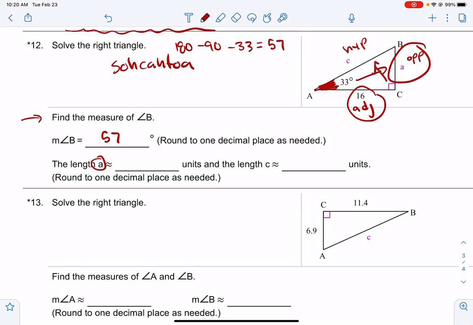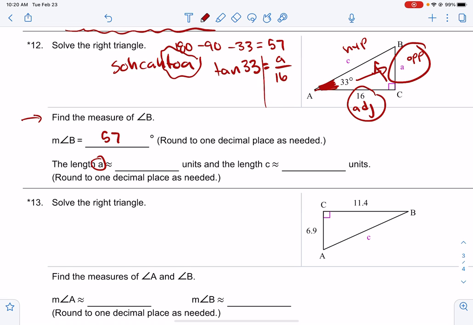So I'm going to use opposite and adjacent, which tells me that I need to use tangent. So my ratio, when I write out my trig ratio, is going to be the tangent of my angle, 33 degrees, is equal to the opposite side, so A, divided by the adjacent side, 16.